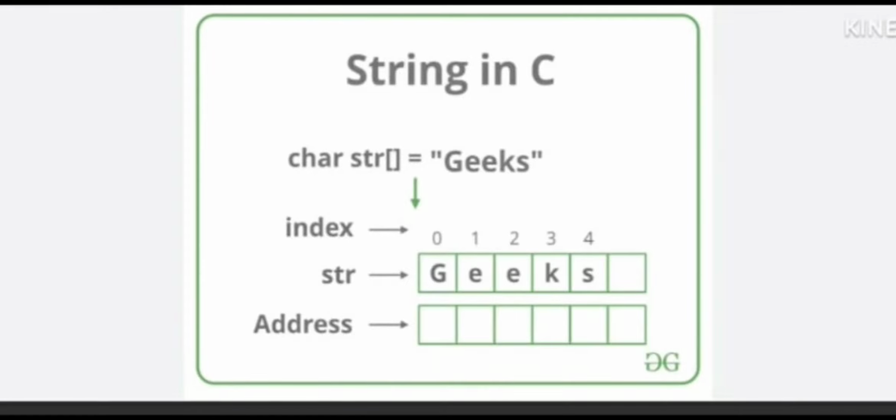For example, "Geeks": index and string address. One letter represents one number. For example, 0 is represented by G, 1 by E, 2 by another E, 3 by K, 4 by S. This is how a string is written.